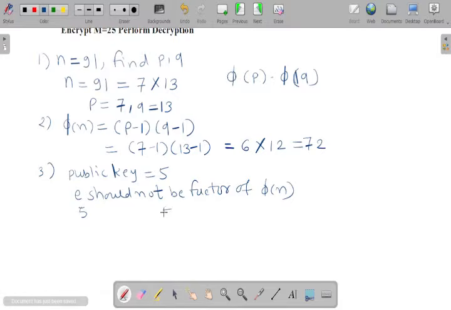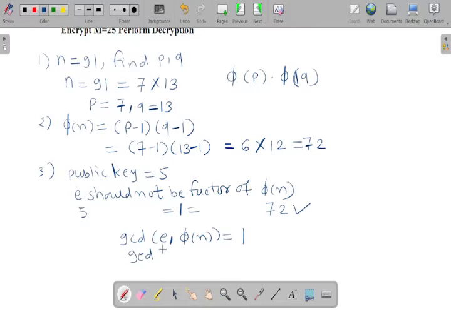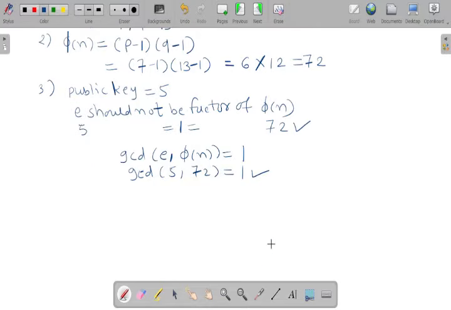So 5 should not be a factor of our phi of n, that is 72. So this rule is applicable here. Now the next one is, we can also check that GCD of E and phi of n is equal to 1. So GCD of 5 and 72 is equal to 1. So this rule is also applicable here.